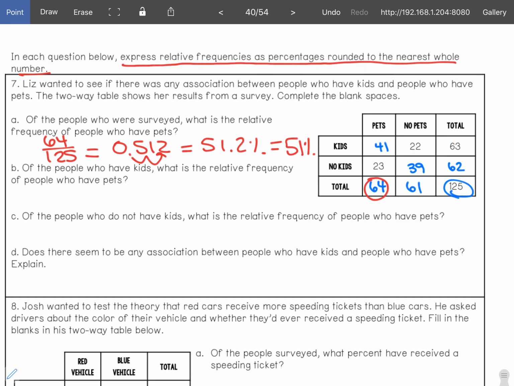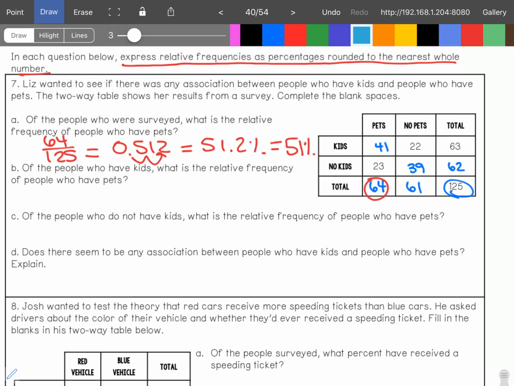So there's 41 out of 63. So 41 divided by 63. Hopefully you're grabbing your calculator and figuring this out. We get this, and it keeps going on and on. We move it twice, so we just get 65%.